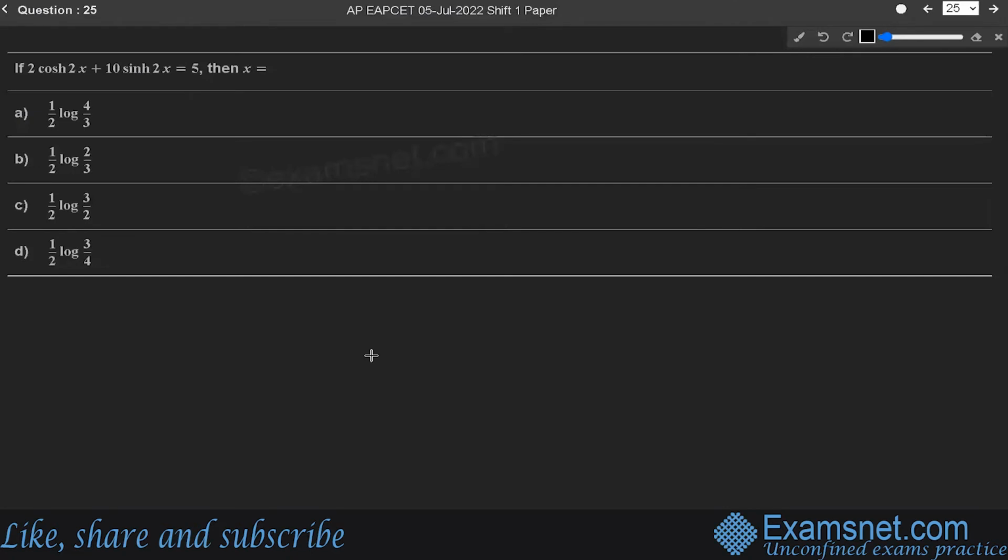Next question is, if 2 cosh 2x + 10 sinh 2x is equal to 5, then x is equal to. In this question, we have to find the value for x.